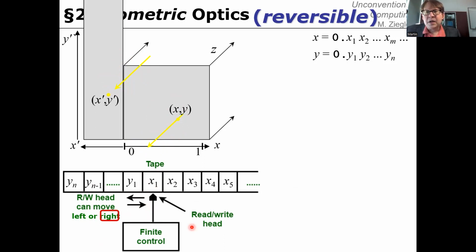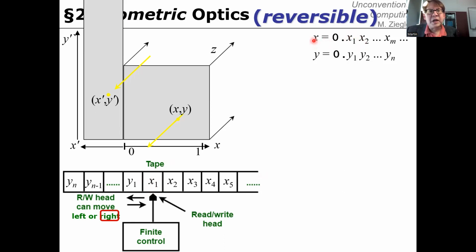So what else do we need in order to continue to create a simulation of a Turing machine? We need to be able to read the current cell content, 0 or 1, and then make a branch, in a sense, a test and branch depending on whether the current bit in the current cell is a 0 or 1. That is, depending on whether the x coordinate is larger than 1/2 or smaller than 1/2, right?